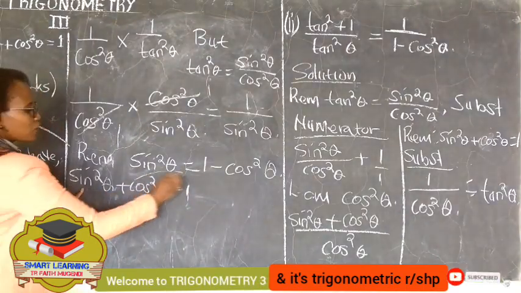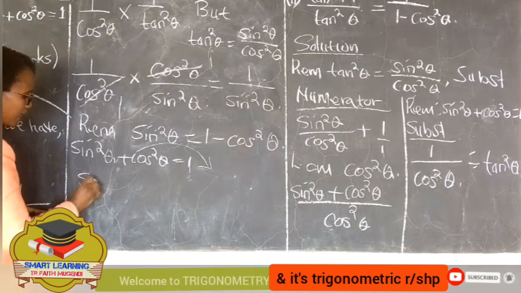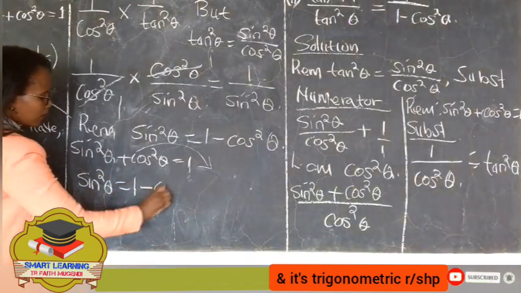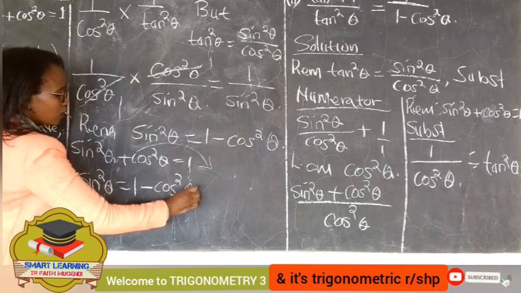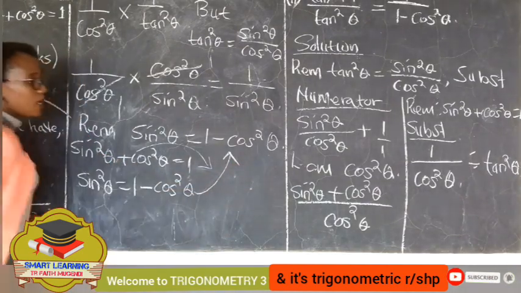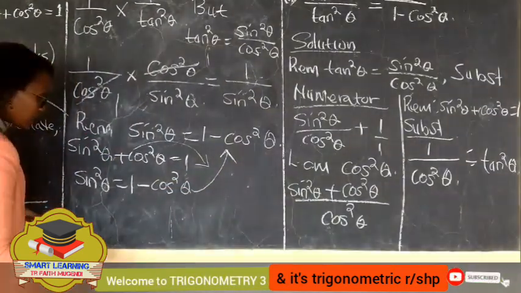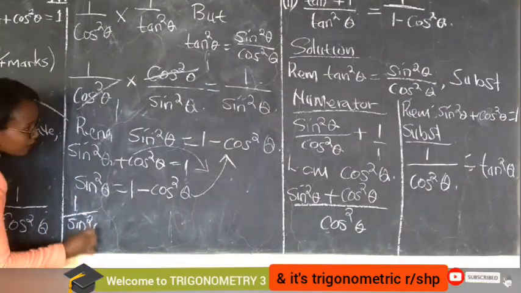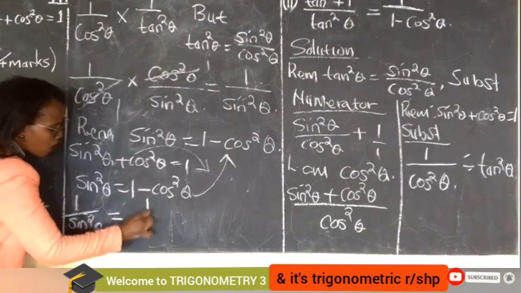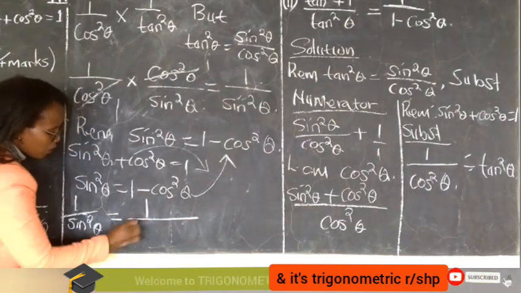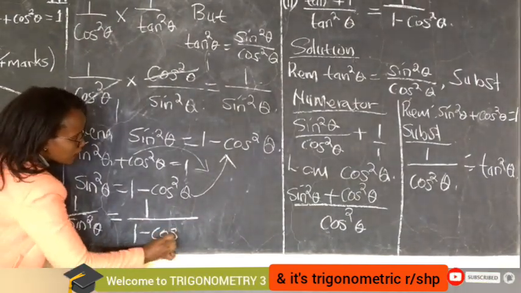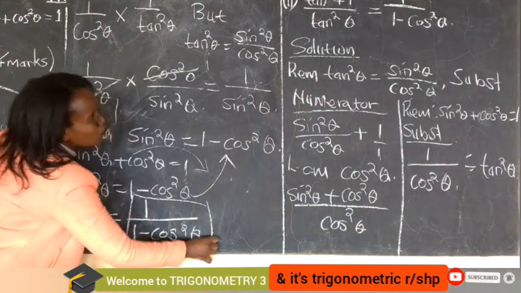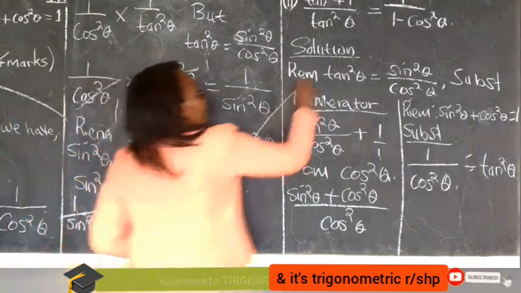So if we take this to the other side, we shall have sine squared theta equivalent to 1 minus cos squared theta. So this is where this relationship is coming from. And if that is the case, then our 1 over sine squared theta will be equivalent to 1 over 1 minus cos squared theta. And this looks exactly like this.